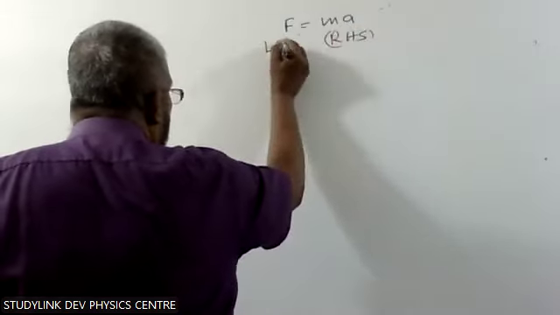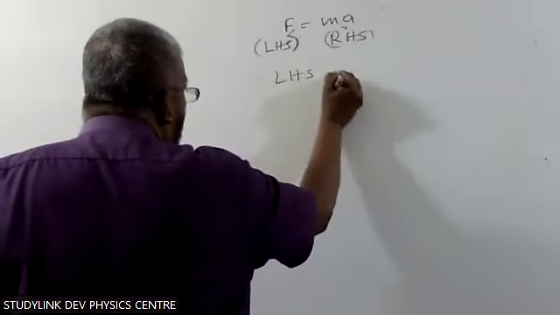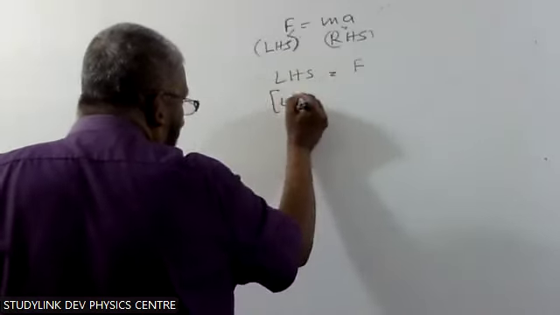Then this is simple brackets. Dimensions of left hand side. Left hand side is F, so dimensions of F is equal to MLT minus 2.